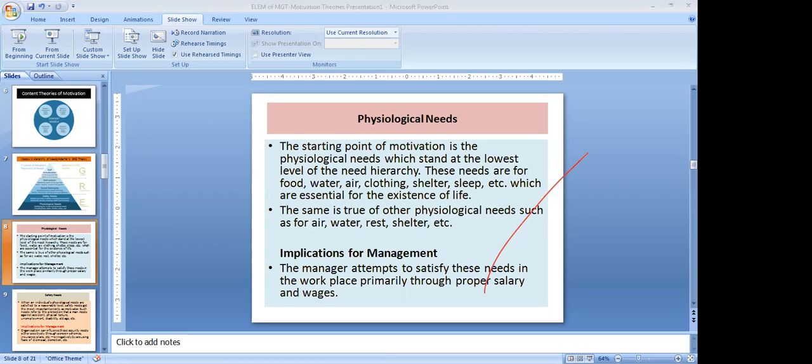The next on the ladder is the safety needs, which Maslow describes as the need for protection that a man needs against accident, physical torture, unemployment, disability, and so on and so forth.